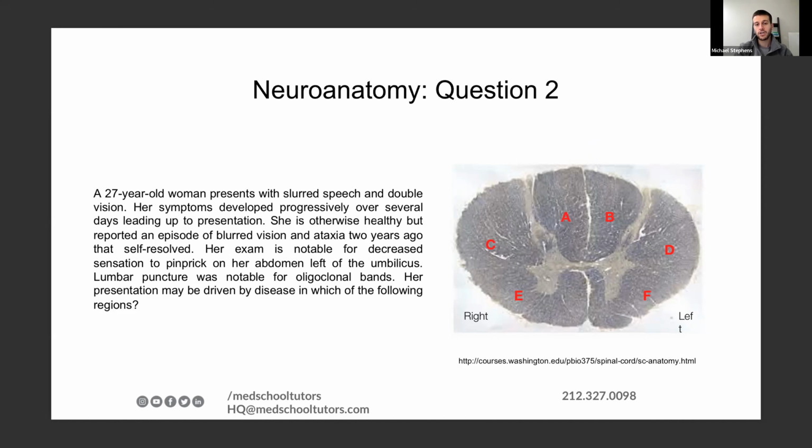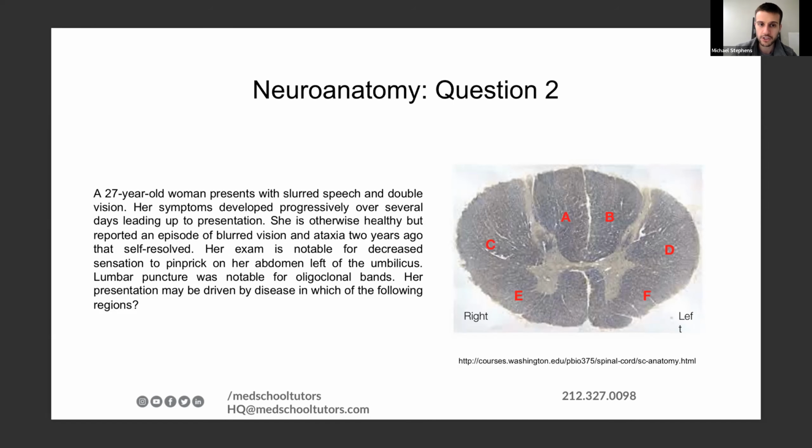Perfect, MS. The buzzword that you're going to want to look for in a vignette for MS is dissemination in time and space. They're going to give you some story that doesn't map onto a singular deficit. There's not a single lesion that could drive everything that we're seeing.